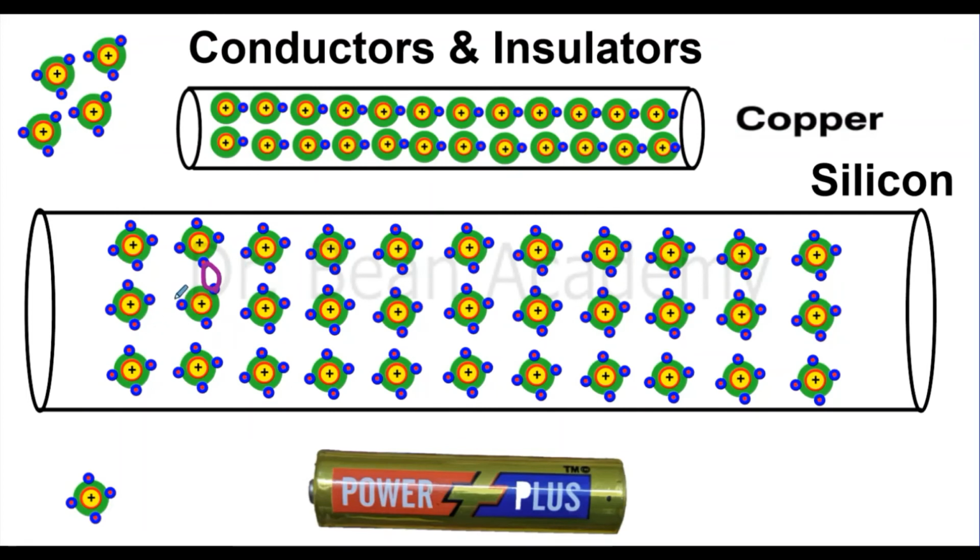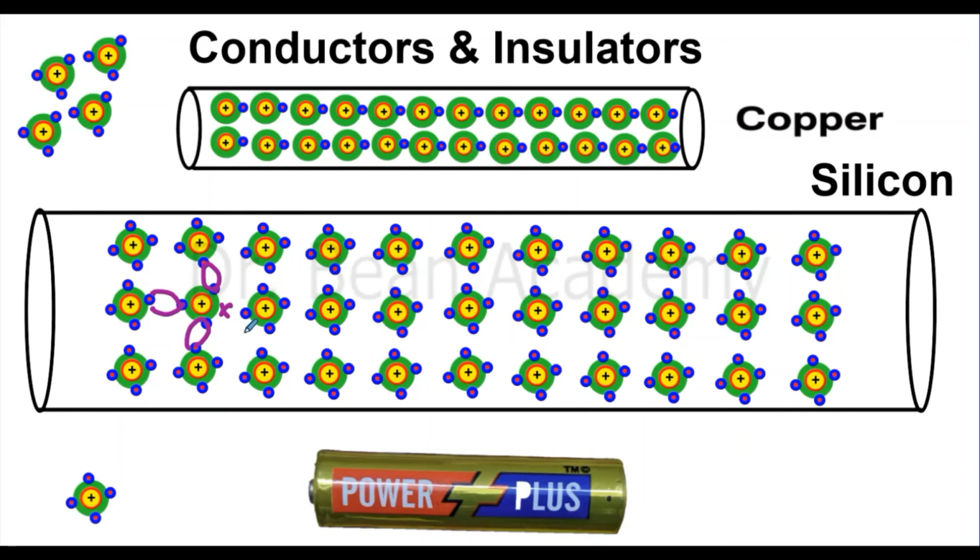Similarly, with its second electron, it will make a covalent bond with another atom. With the third one, it will make a covalent bond with the third neighboring atom. But now it doesn't have any electron to make a covalent bond with the fourth neighboring atom.